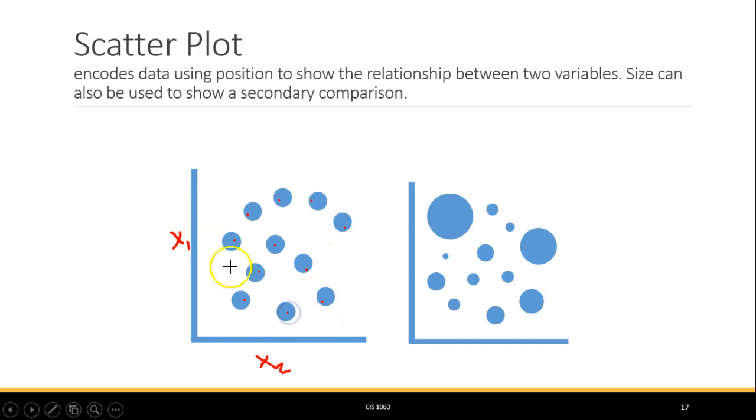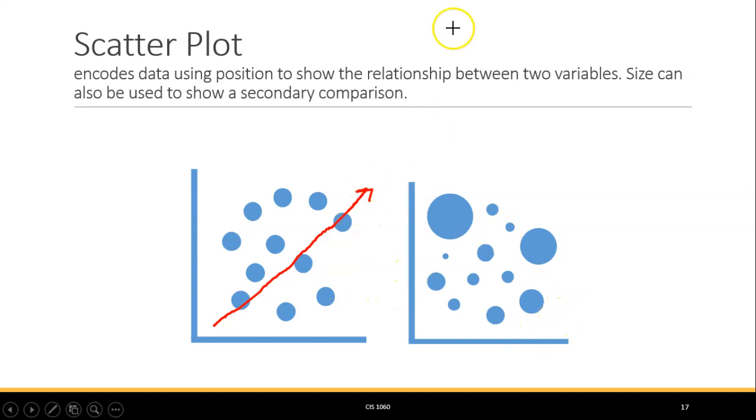A very common thing might be height and weight. So sometimes people will put height on the vertical axis and weight on the horizontal axis, and then typically what would happen is you would see a trend. The taller people are, the more they weigh, and that would make sense.